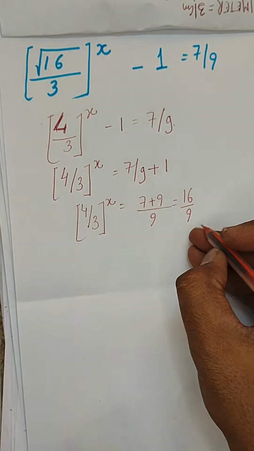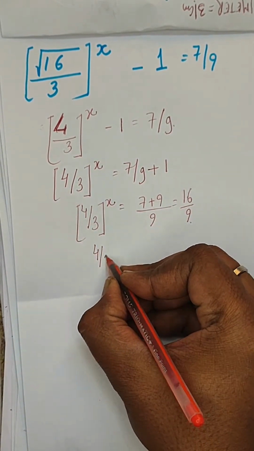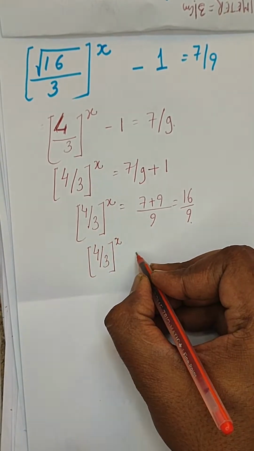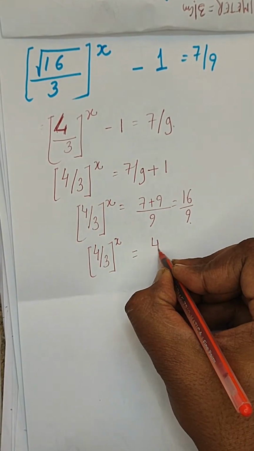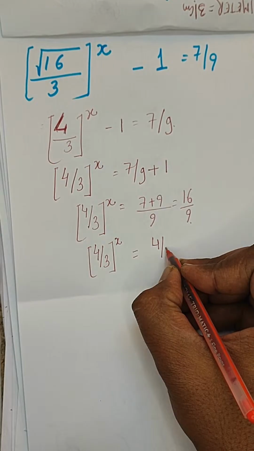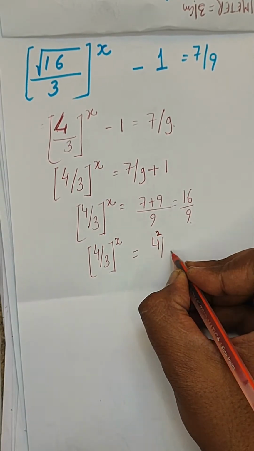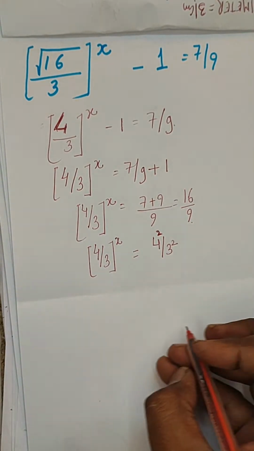Now this 16/9 can be written in the form of 4/3. Our main agenda here is just to make the same base. 16 can be written as 4 square, and 9 can be written as 3 square, isn't it?